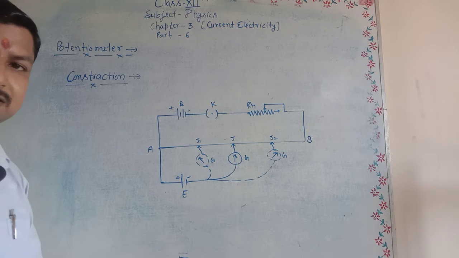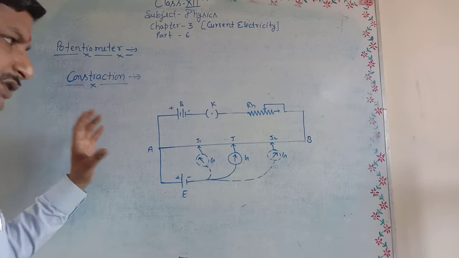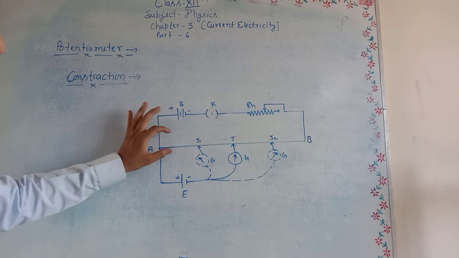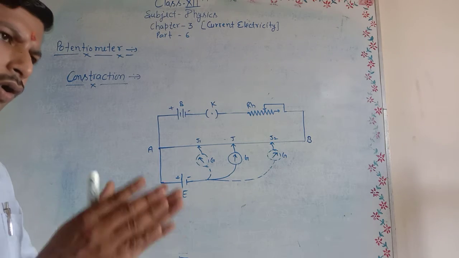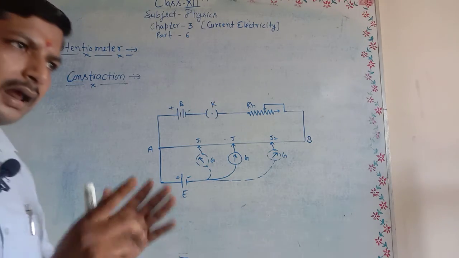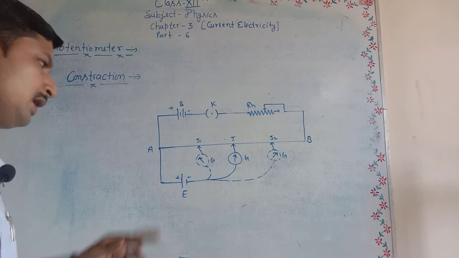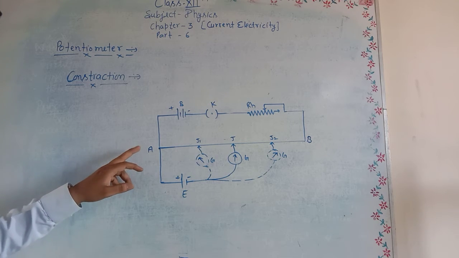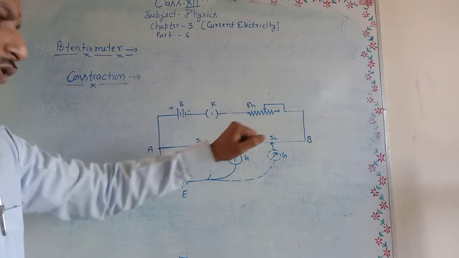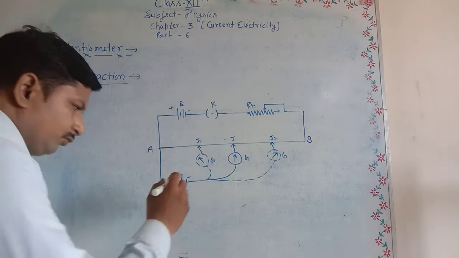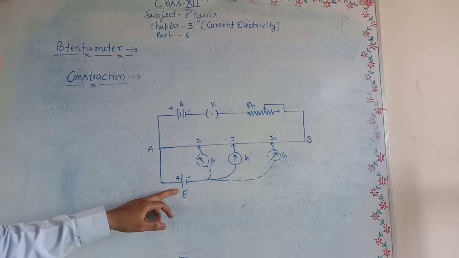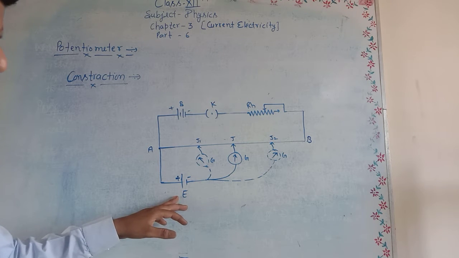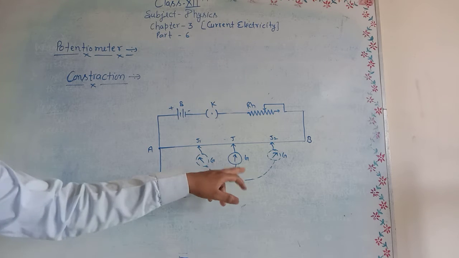Dear students, we can easily see that a potentiometer consists of a long wire, 4 to 10 meters long, of uniform area of cross section, fixed parallel on a wooden board, AB. Between the ends of AB the battery, key and rheostat are connected, and the positive terminal of the cell whose EMF is to be found is connected to the point A, and the negative terminal is connected to the galvanometer and the jockey.